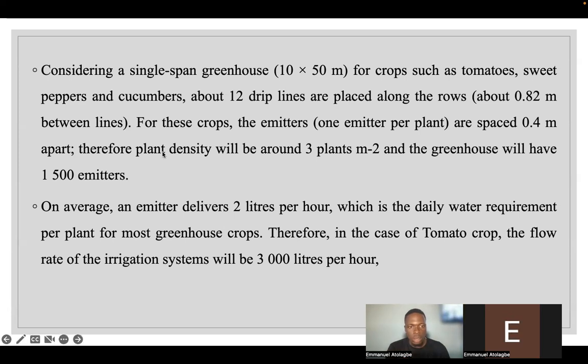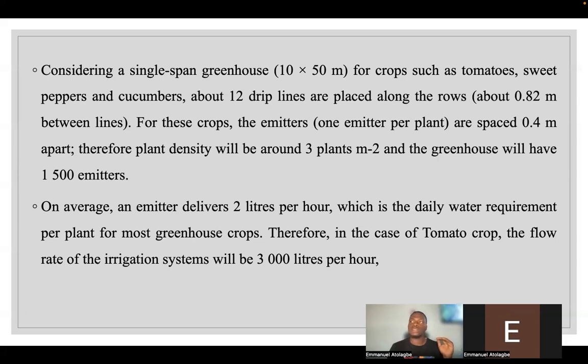On average, the typical water requirement for your plants is 2 liters per day. Then you can schedule it as you want. You can break it down, say you want to feed them 5, 6, or 7 times in a day.